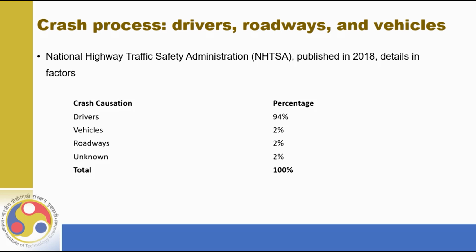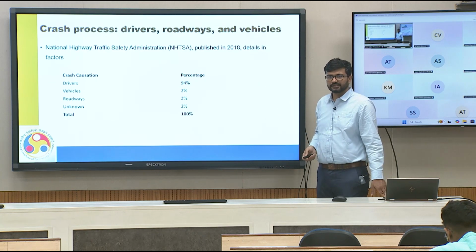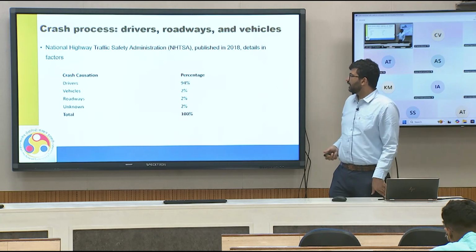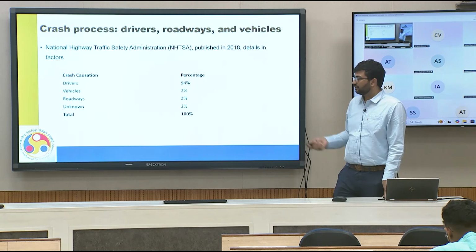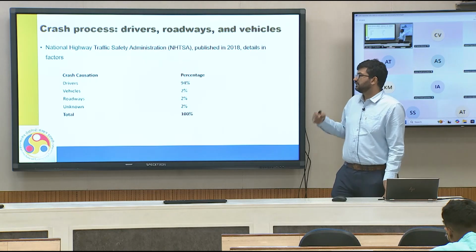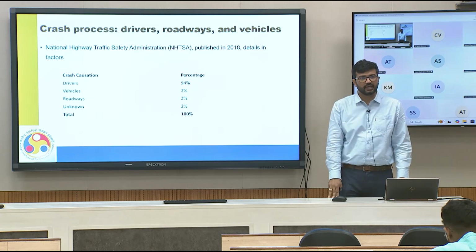They looked into pre-crash data, and what they found is that crash causation where driving behavior is involved is significantly high, almost 94% of the cases. And similarly with roadway and vehicle you can see a relatively very small percentage, right? That means driving behavior is actually guiding most of these accidents.